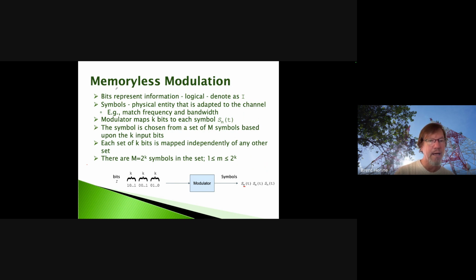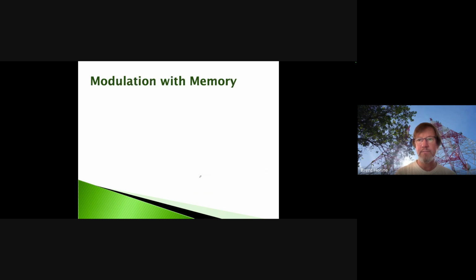We're going to spend a lot of time on this. We're going to look at different ways of creating symbols to deal with these groupings of K bits coming in. So let's look at what happens if we include some memory. Now our mapping is a function of the current K bits, but also the past some number of bits.